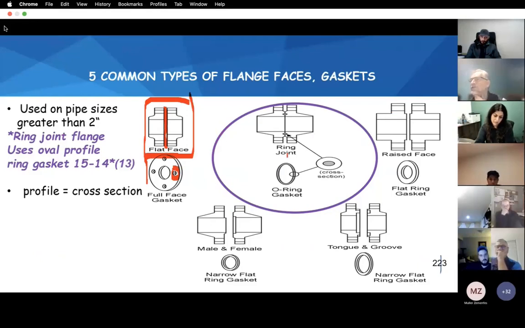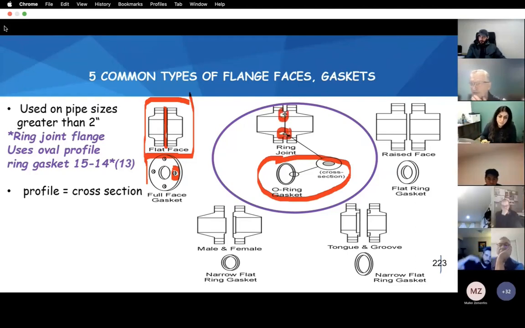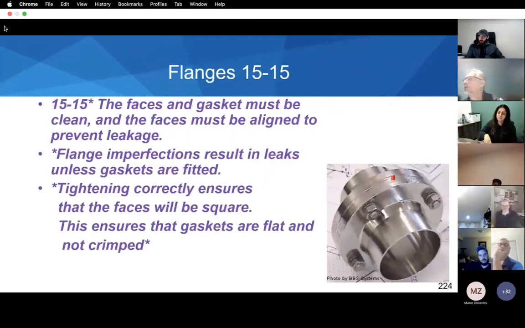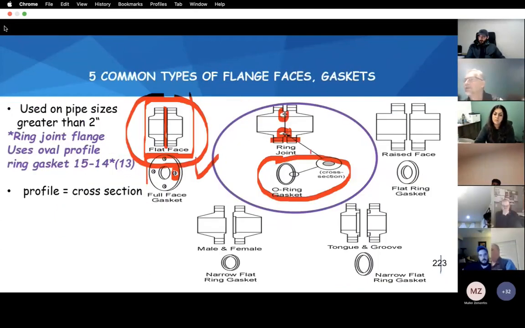Some flanges that use the ring joint with the oval cross section, the gasket fits in a groove in the flanges, and when the bolts go through, they are exposed. So if you look at the edge of a flange and you see this gasket on the outside edge of your flanges, this is going to be a full face gasket. Okay, so that's this one.